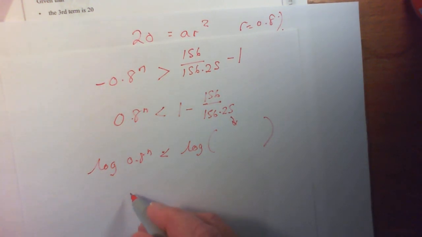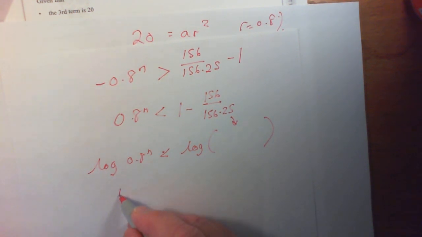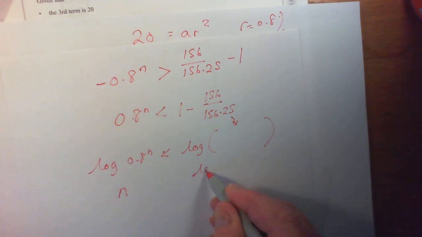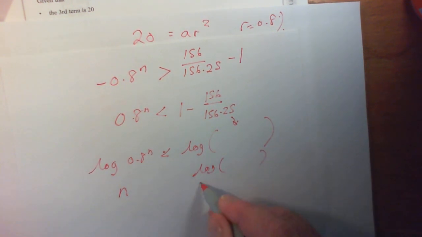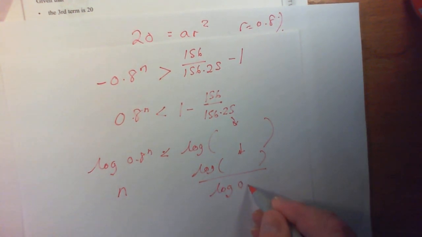Now, what I'm going to do is take that n down to the front, so that becomes n log 0.8, and then divide through by the log of 0.8.